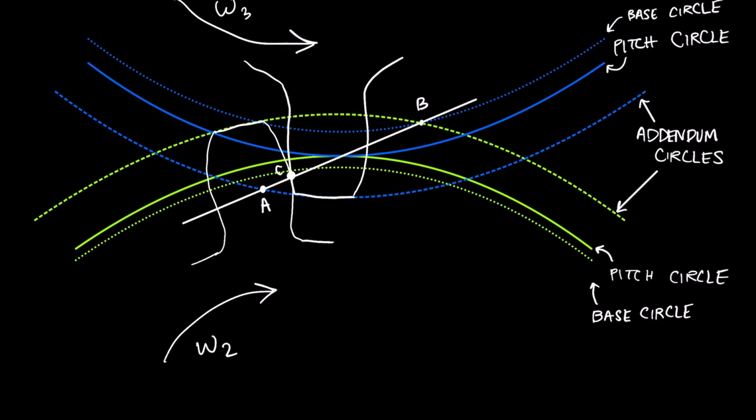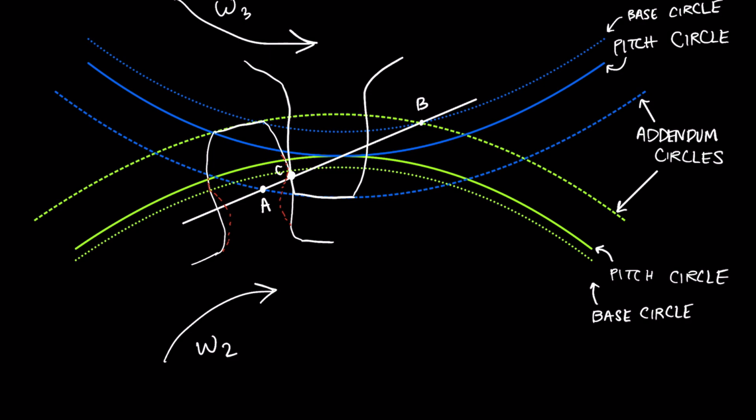Now, we can sort of avoid this when we perform a process called undercutting. So we can cut these gear teeth so that there is more of a gap underneath the base circle, and that will help eliminate this interference.